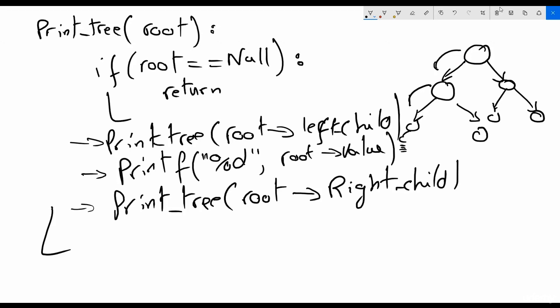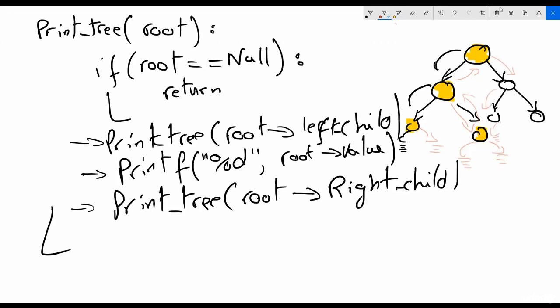Its left child is null, so it'll return, print this content, and then call the right child, which is null, so it'll return, and then it'll return again, and then it'll print this content, and then it'll call the right child, which will call the left child, which is null, so it'll return, and print its content, and then call the right child, and then it'll return again and again, and then print the content of that node, and then call the right child.